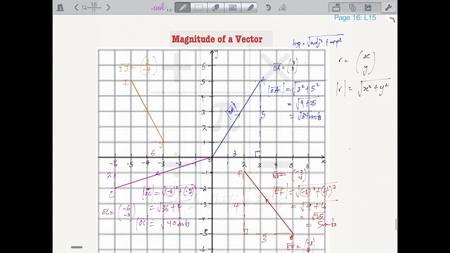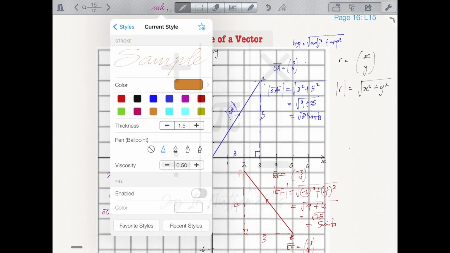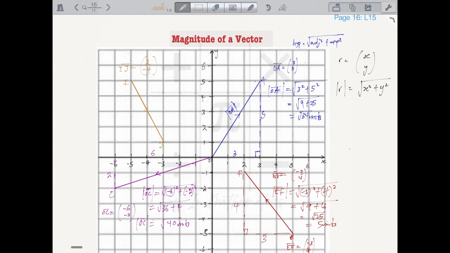Same thing applies to IJ, which has 2 components on the x-axis and 4 components on the y-axis. So we can evaluate the modulus of IJ, which will be equal to the square root of the component on the x, 2 squared, plus the component on y, minus 4 squared.